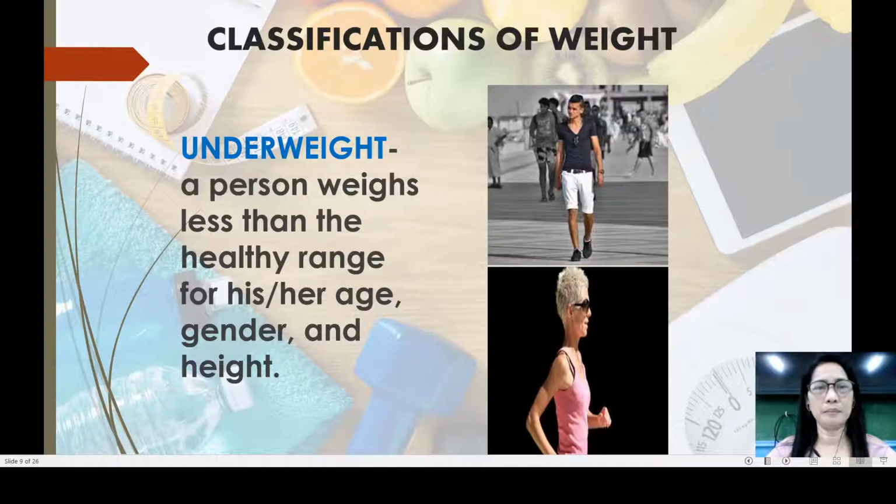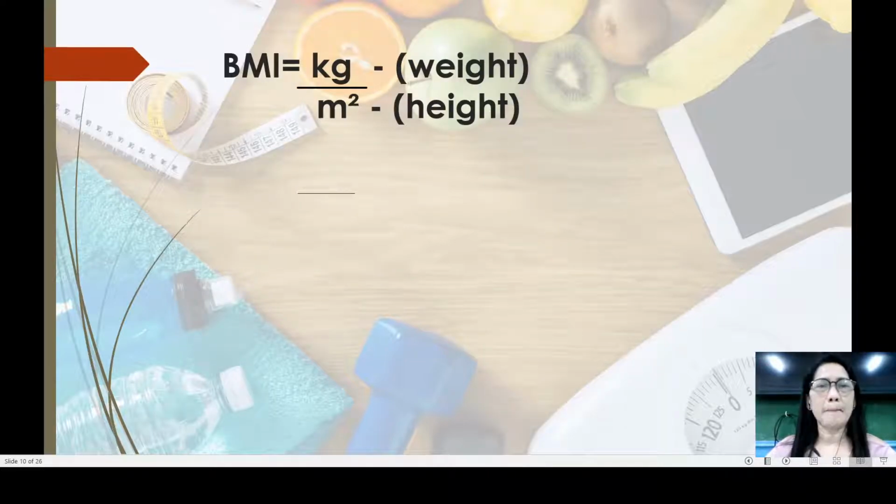Okay po? Next. So this is the formula of BMI, kilogram over meter squared. Kilogram yung weight, yung meter is height. Okay? For example, my weight is 50 kilos.